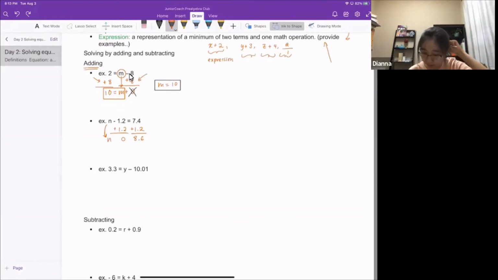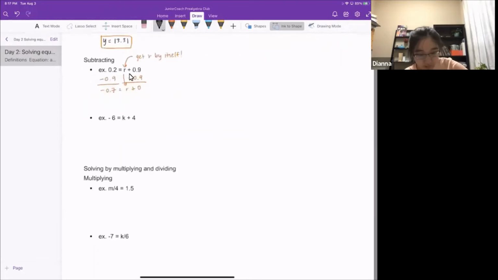And so what about the left? 0.2 minus 0.9 is going to be, I'm pretty sure, negative 0.7. That's some decimal work with negative signs, which is kind of difficult. But overall, my answer is going to be r equals negative 0.7.